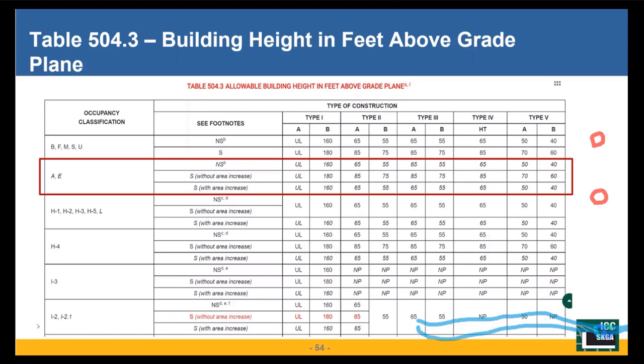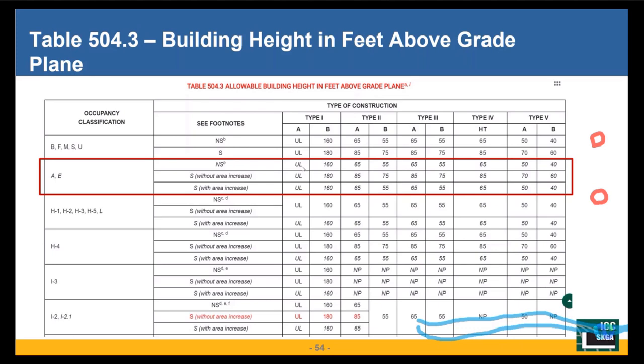So for A and E, if the building is non-sprinklered, and if it's type 1A, it's unlimited, UL. Again, type 1A is permissive here. It allows you to go as high as you want, but it restricts you throughout the code in terms of other provisions. So that's what I say, the code gives and takes. So in this case, type 1A, it's unlimited. The building is non-sprinklered.